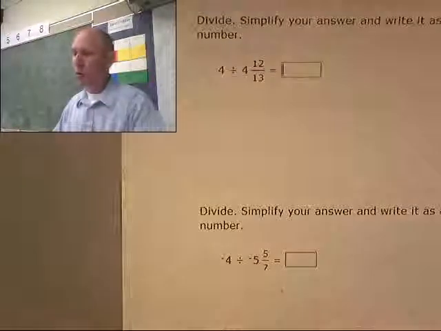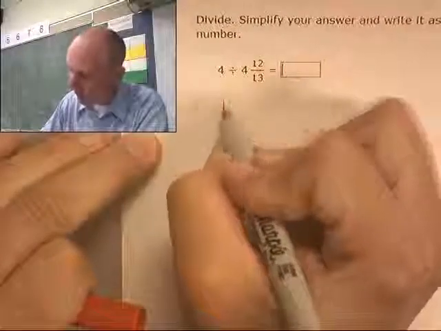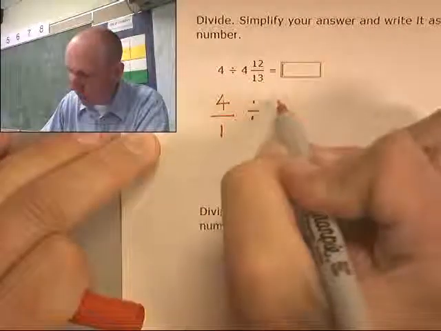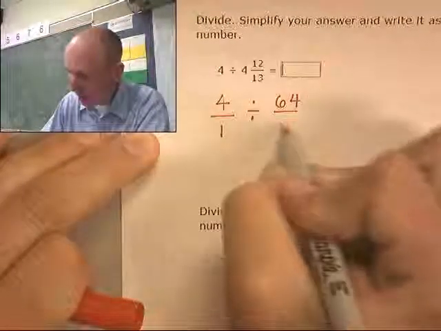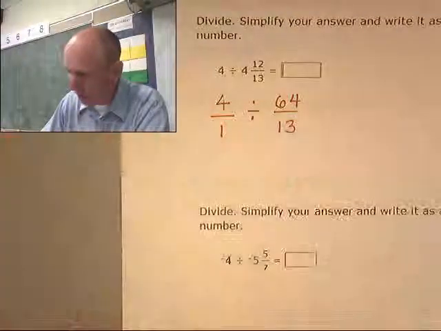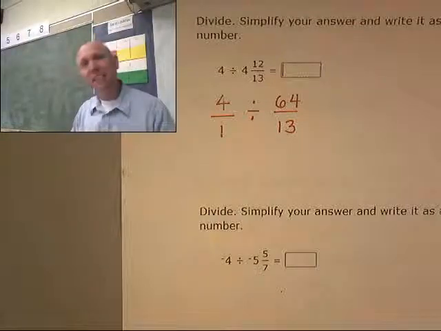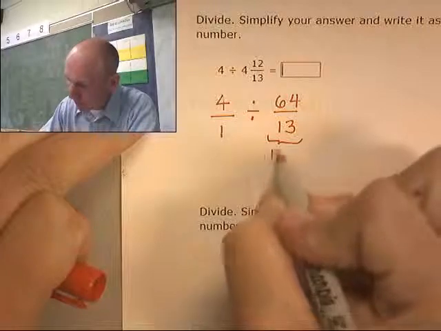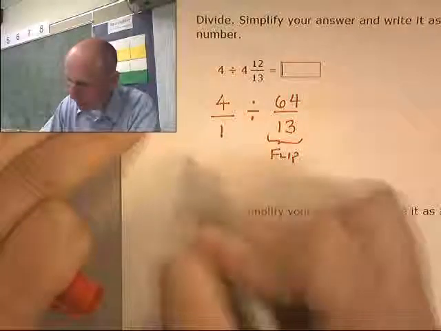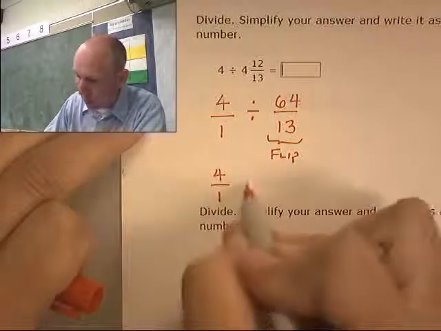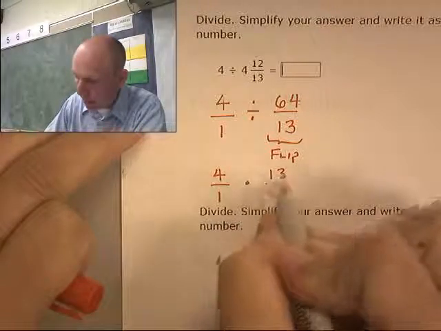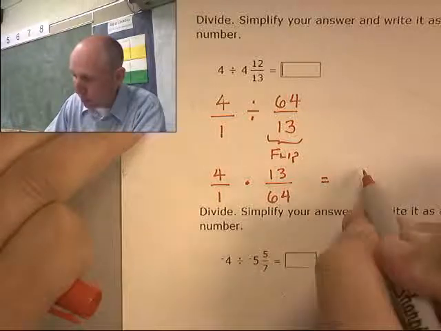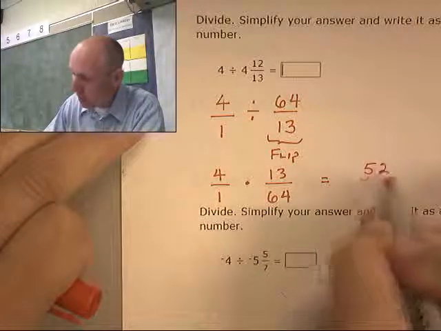So that's 64/13. So I have 4 over 1 divided by 64/13. I will take that second fraction and flip it. So I have 4 over 1 times 13 over 64.